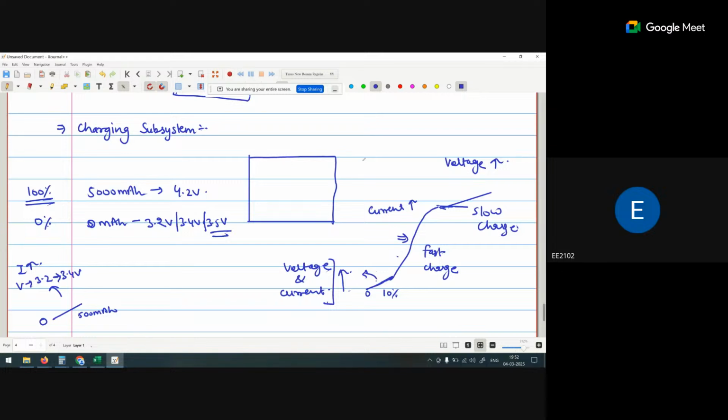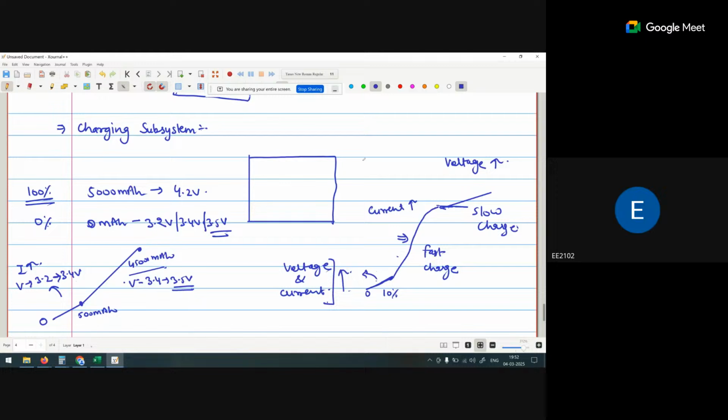Clear? Now 10% to 90%, that means 500 to 4500 mAh. The current is increased, but your voltage is constant, almost 3.4 to 3.5. Less voltage will be increased in this range.